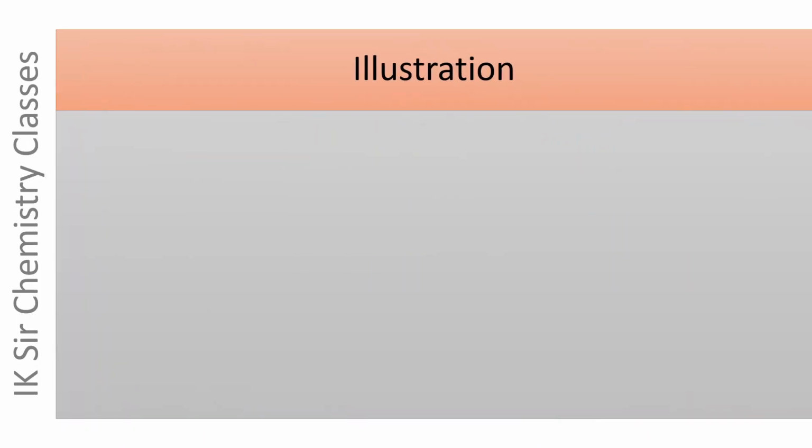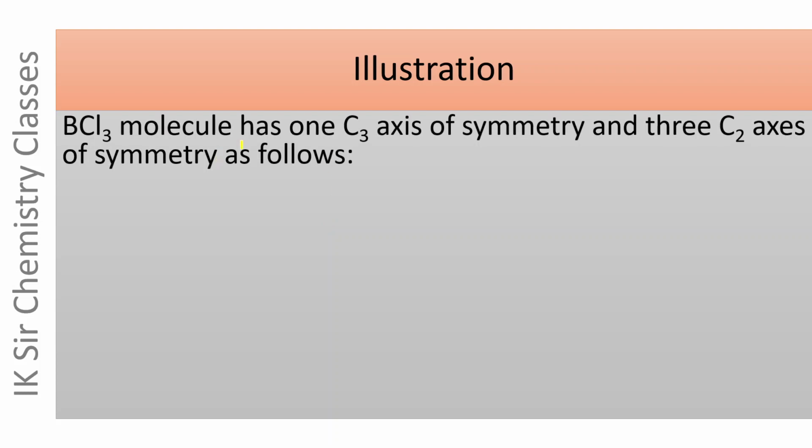Let us illustrate it. BCl3 molecule has one C3 axis of symmetry and 3 C2 axis of symmetry as illustrated below.